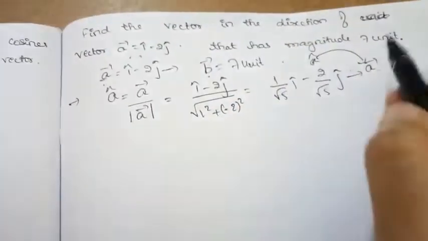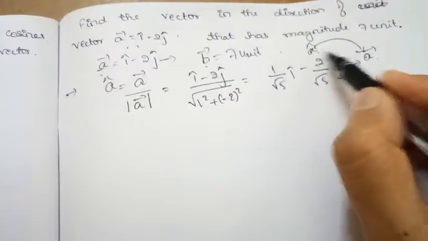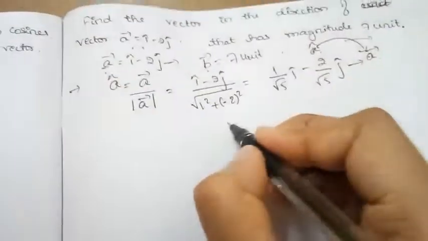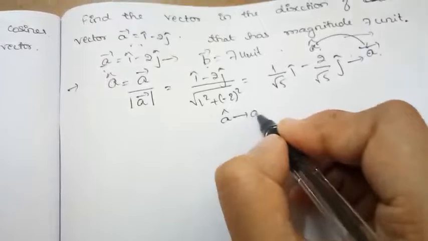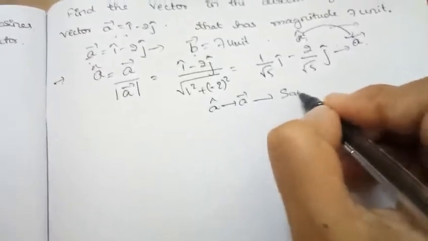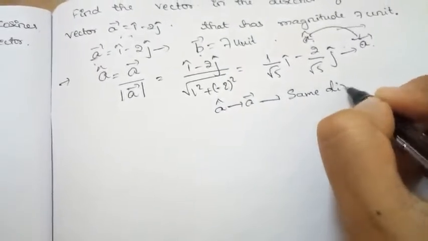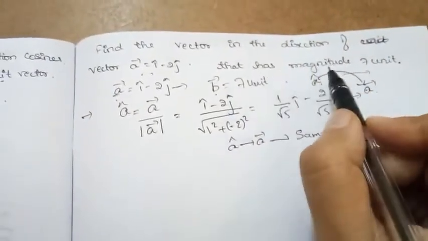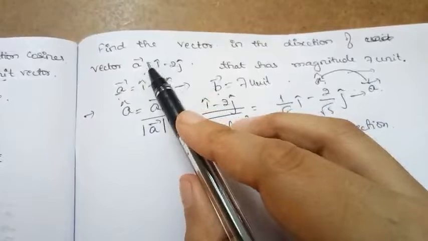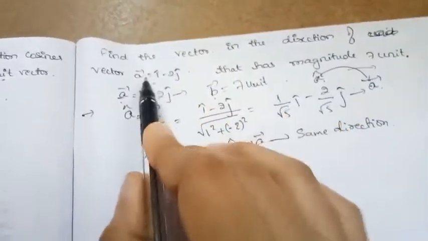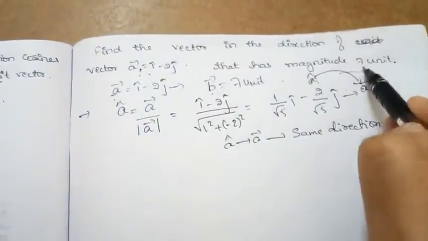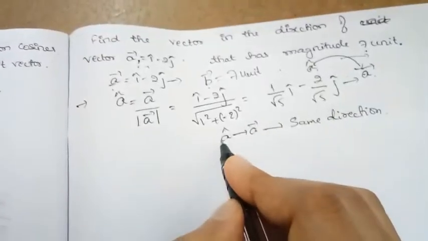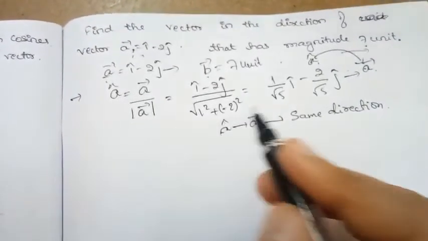We know that the unit vector and vector A are both in the same direction, which is a known fact for us. We need to find the vector in the same direction as vector A with a magnitude of 7 units. What is the magnitude of a unit vector? It is 1.